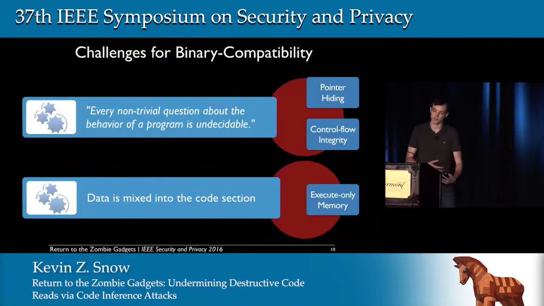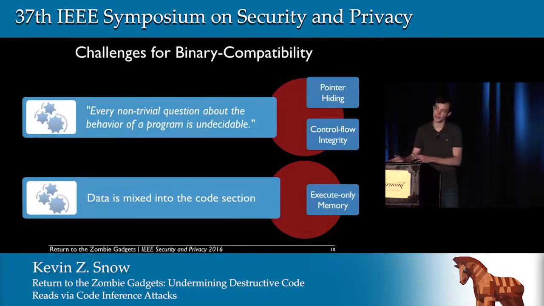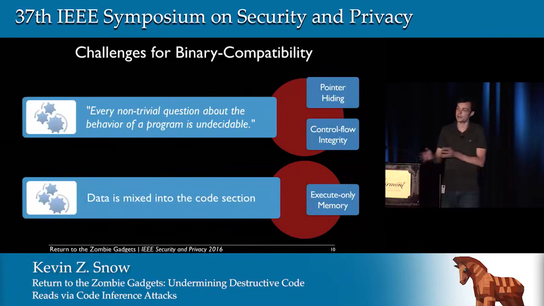So what you'll see with a lot of these solutions is that they'll take a very, very conservative approach to analyzing the binaries, to ensure that they're not instrumenting the program in a way that's going to break compatibility at some point while you're running just a benign process. And as a result of taking that conservative approach, you also have this trade-off of security, in that you're going to miss certain points of instrumentation in the program, which can reduce the overall enforcement of the security policy you're trying to achieve.